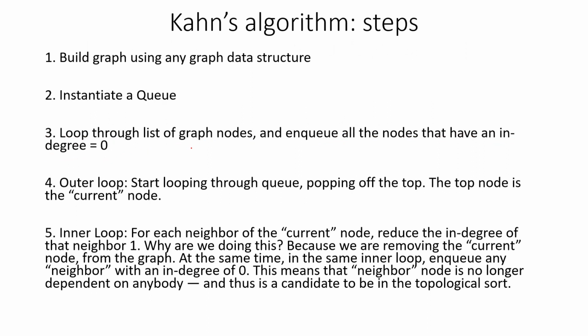To do Kahn's algorithm, we can build the graph using any graph data structure, and then we create a queue, run through all the vertices of the graph and enqueue all the nodes that have in-degree 0. So we start by putting into the queue all the vertices that have in-degree 0.